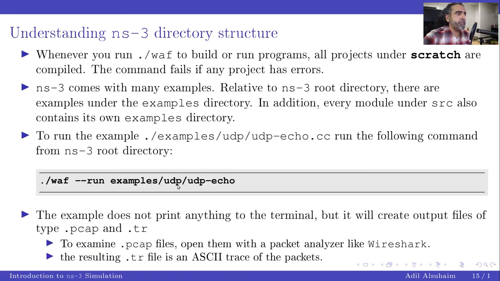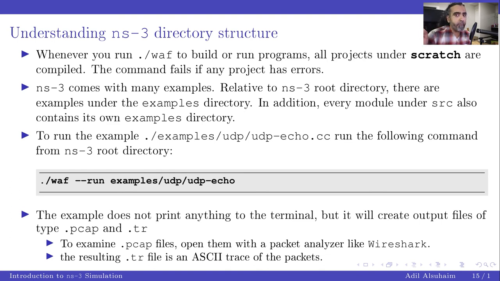You can run some examples from the examples directory. For example, here UDP echo, which is one example, which is in this file, udp-echo.cc. Whenever you run waf to run a program, all code that is under scratch will have to be compiled, so there should be no errors.